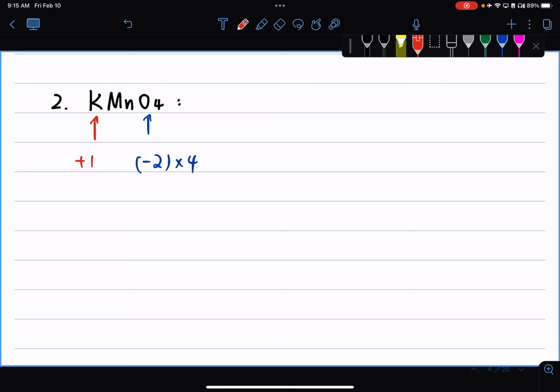We don't know what manganese is, so I'm just going to put an N here. And everything adds up to be 0. So we have +1 plus N minus 8 equals 0, and apparently N here equals +7. You can write +7 here.